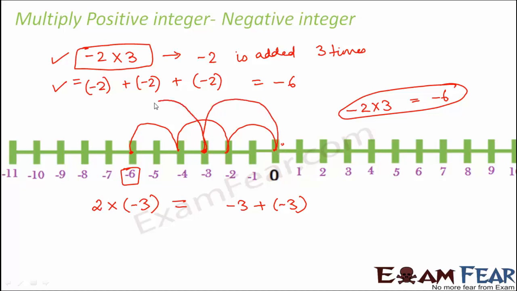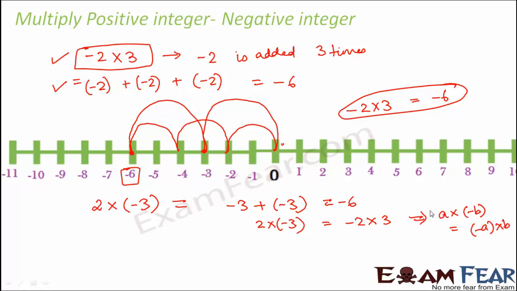Again when you add minus 3, you reach here. So again you reach the same point, which is minus 6. So we see that 2 into minus 3 is the same as minus 2 into 3, which implies that if you have two integers a and b, then a into minus b will always be equal to minus a into b. So that is another important conclusion that we can draw from this.